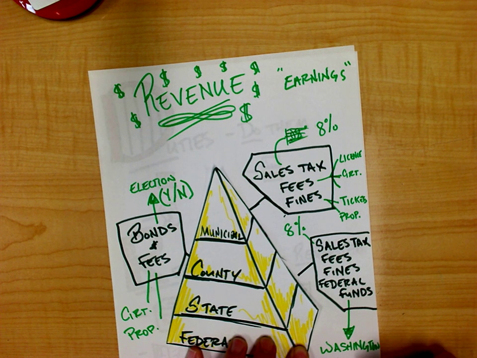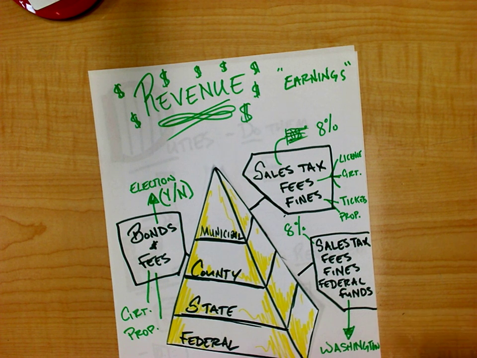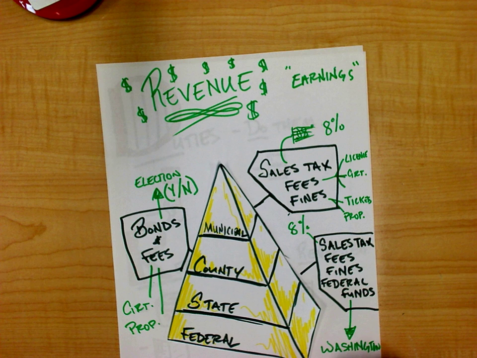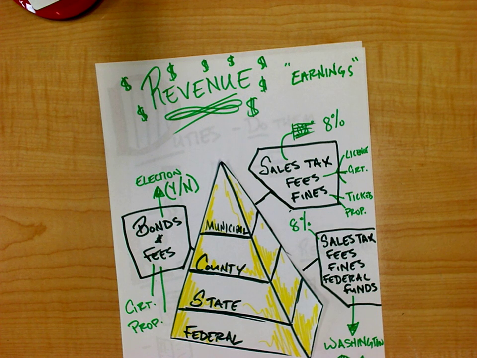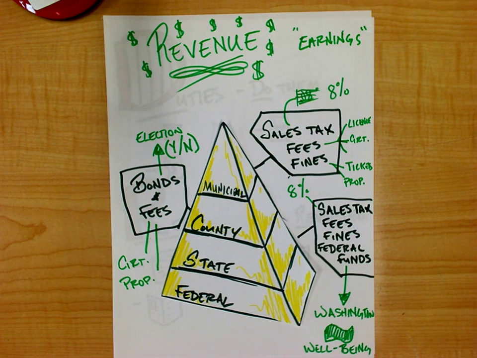And those generally come with a few conditions that the state has to meet, but it's for well-being. Basically, that means that we're trying to make sure that all of the needs of our local governments, all of the needs of our people are met. And that's the only reason that the federal funds come into the state.